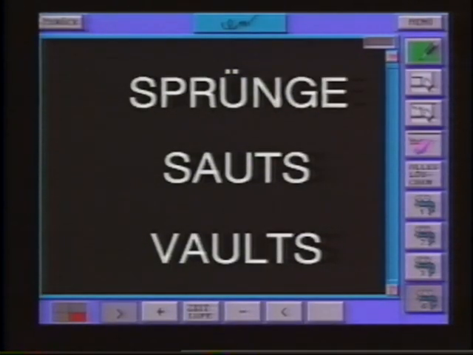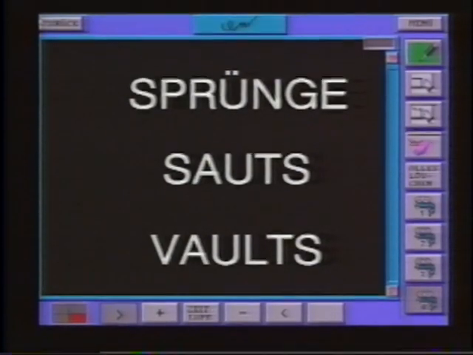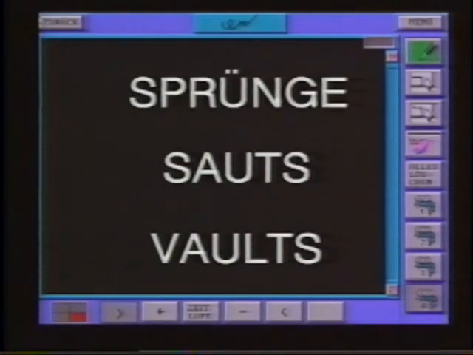Vaults for evaluation. In the following, we will evaluate the second flight phase and the landing. In the second flight phase, handsprings with and without long axis turns and saltos forward or backward will be performed. These are acrobatic movements, and we are able to use what was learned from the acrobatic technical instruction.